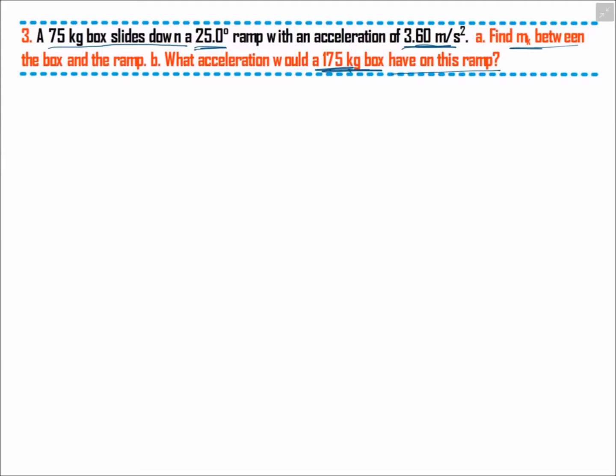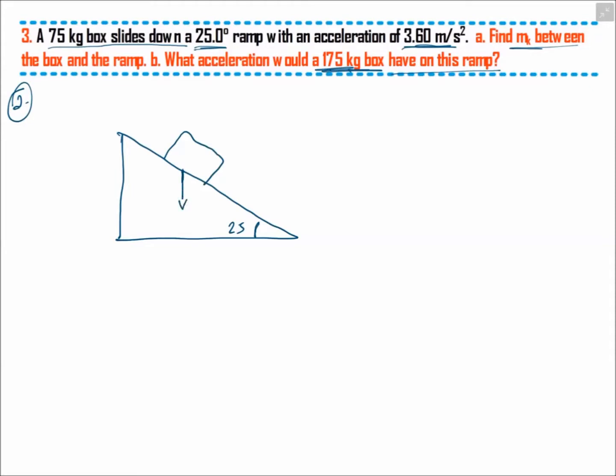Let's solve A first. I will draw the figure first to make it a bit easier. The angle of the ramp is 25 degrees, and let's say the box is here and the box mass is 75 kilograms.